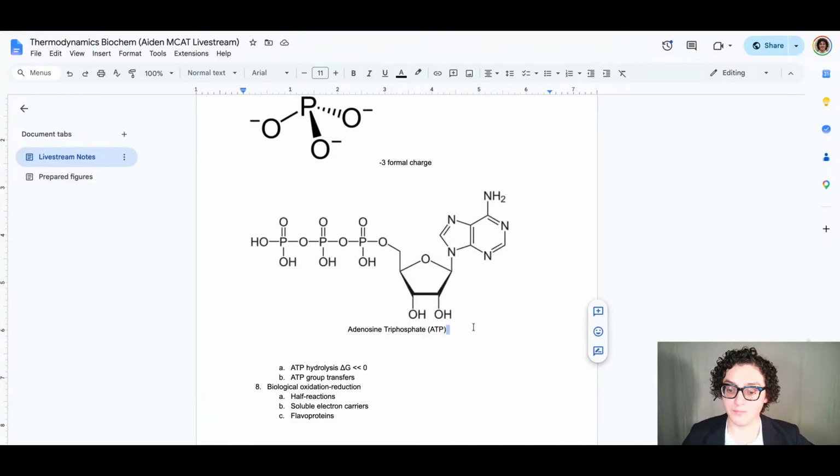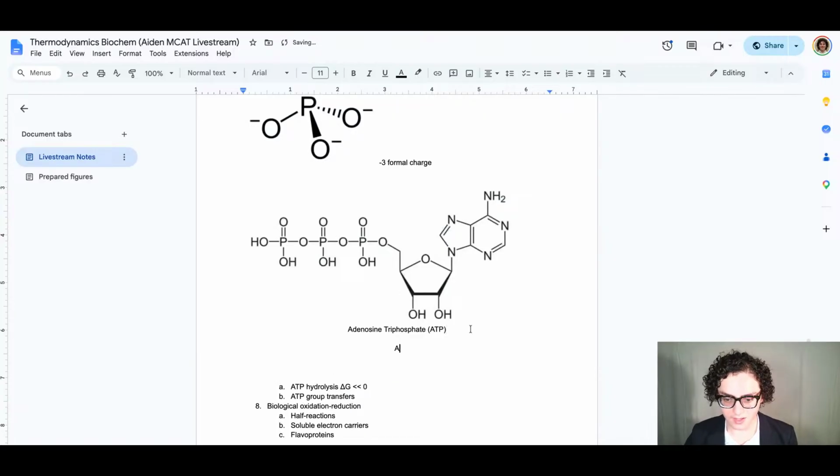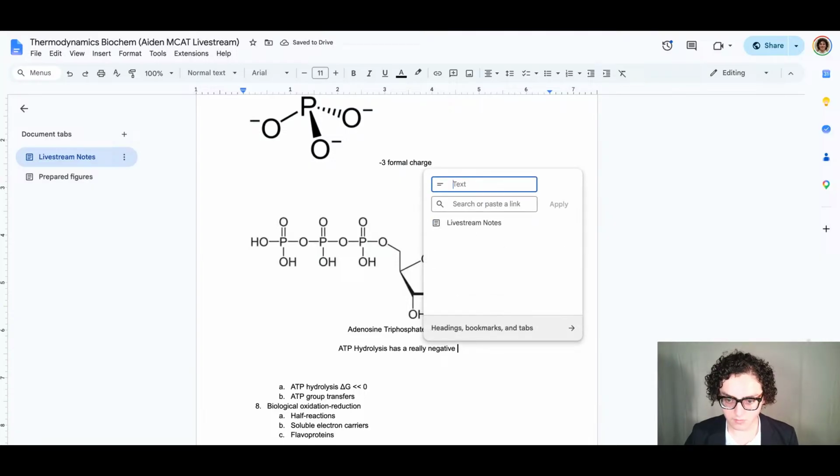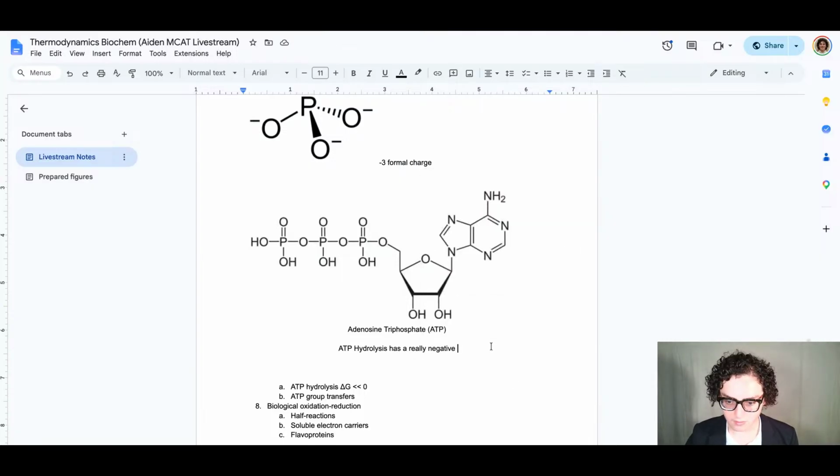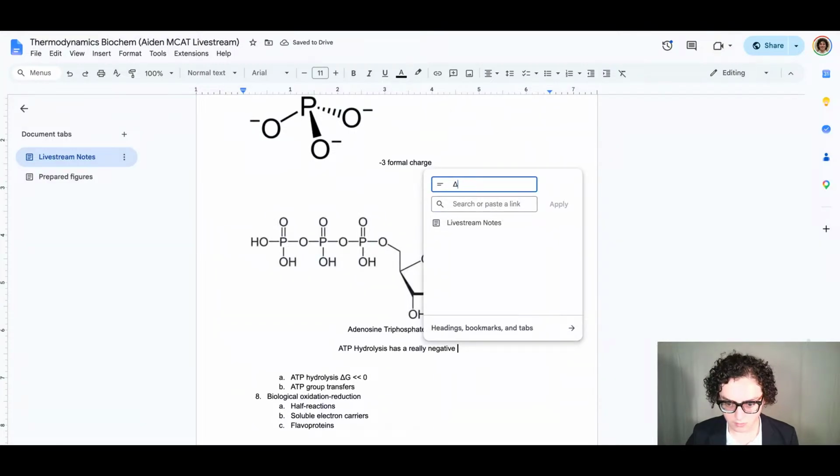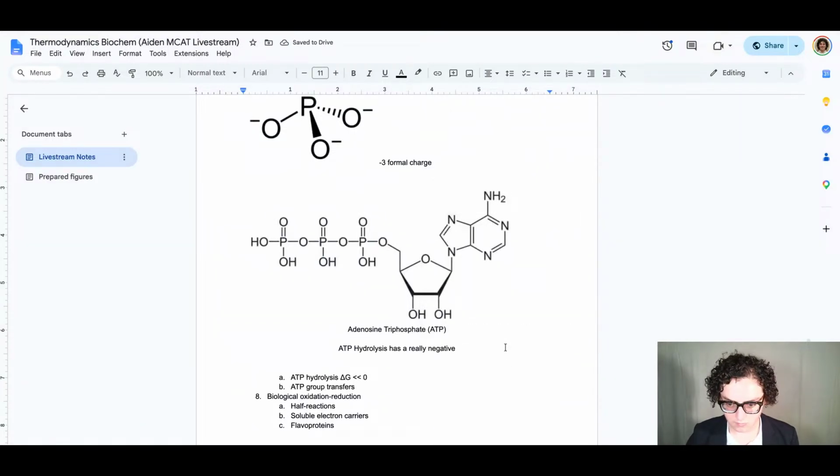But what does that mean? That means that ATP hydrolysis has a really negative delta G, and that drives otherwise unfavorable reactions in our body.